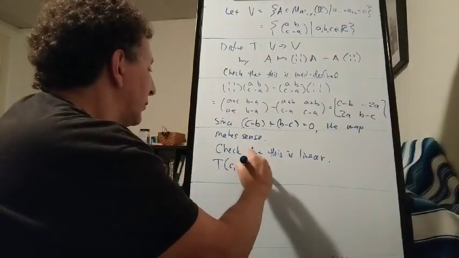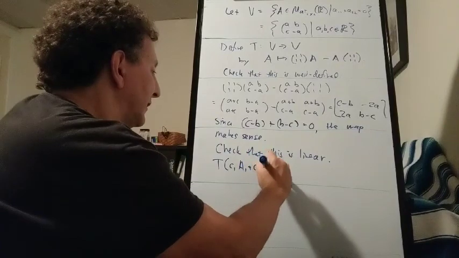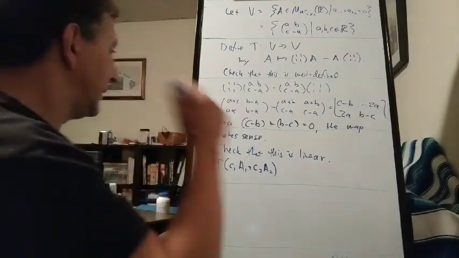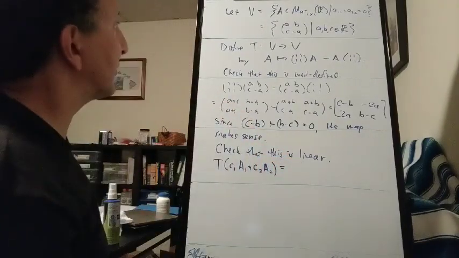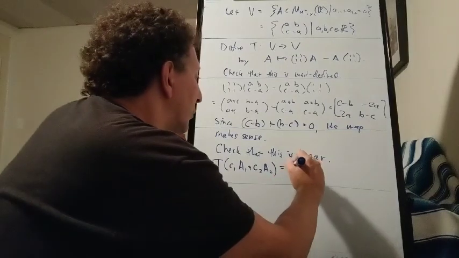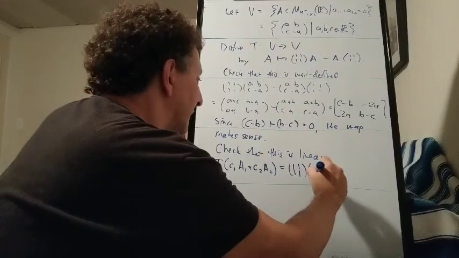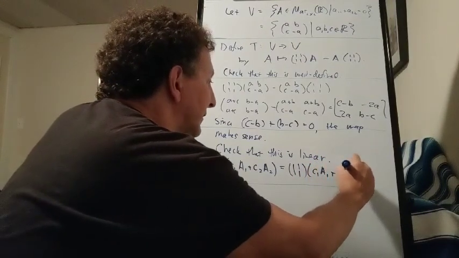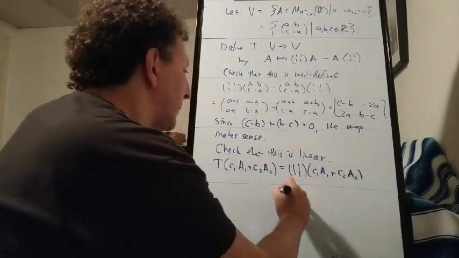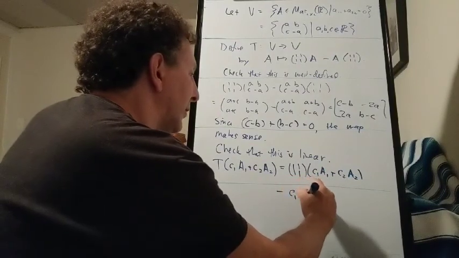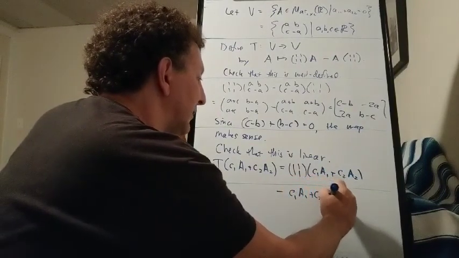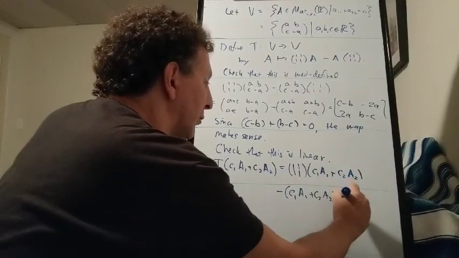So T of constant A1 plus other constant A2 equals 1, 1, 1, 1 times constant A1 plus constant A2 minus constant A1 plus constant A2 times 1, 1, 1, 1.